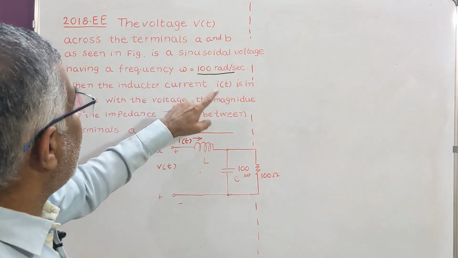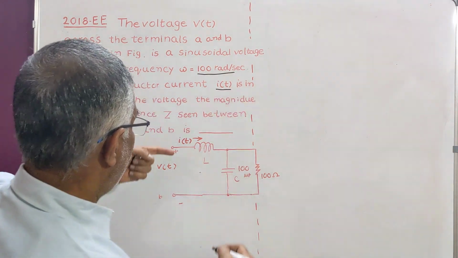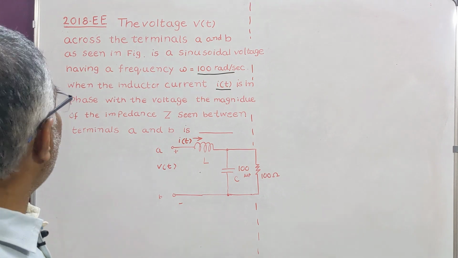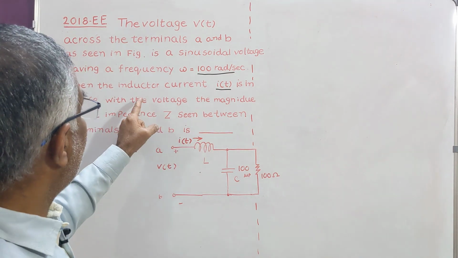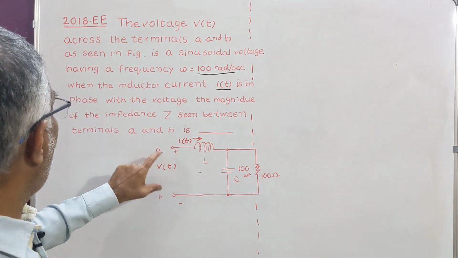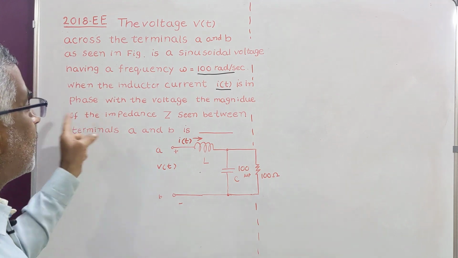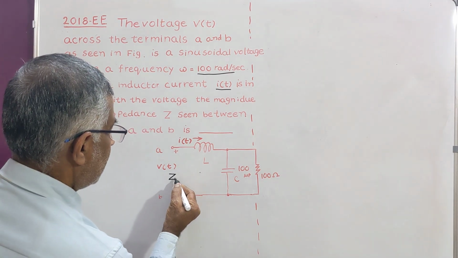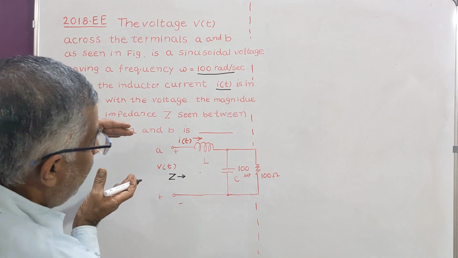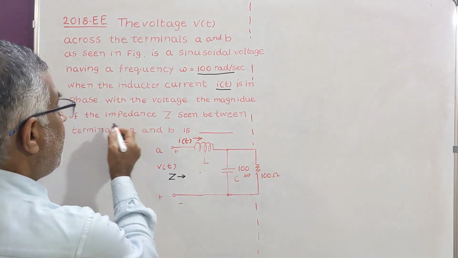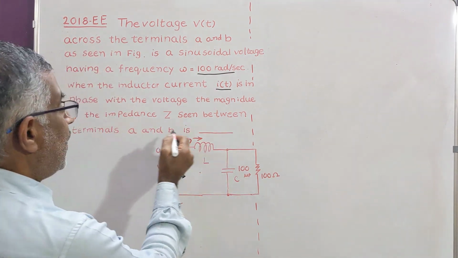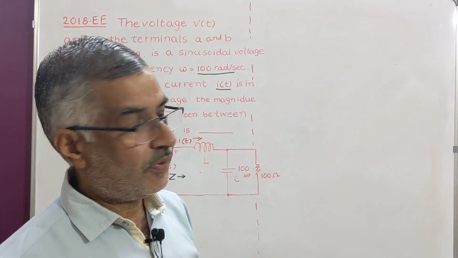When the inductor current IT is in phase with the voltage, the magnitude of the impedance Z seen between terminals A and B is dash.